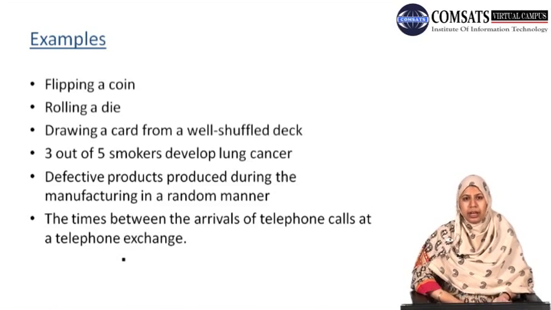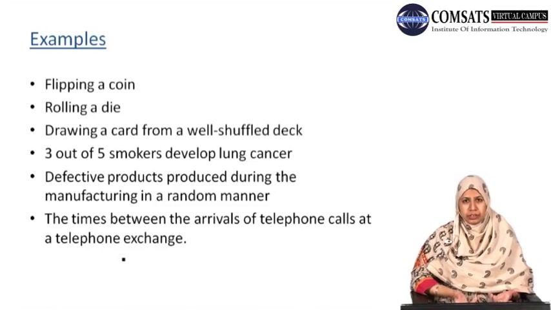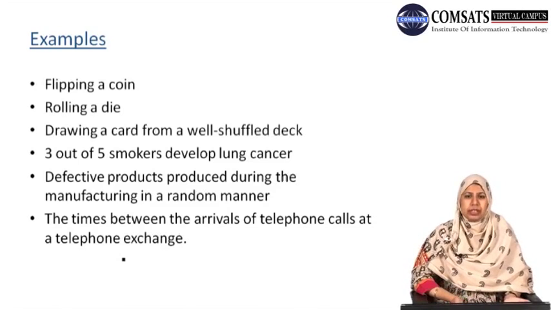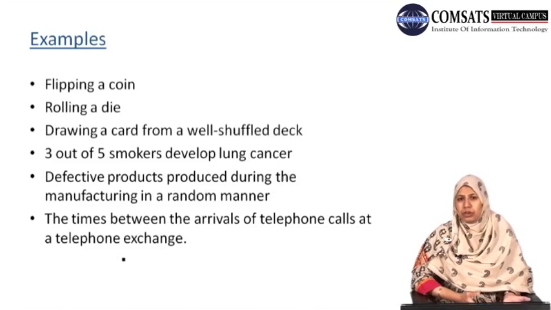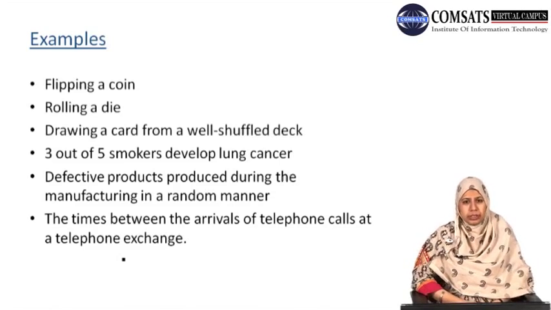Similarly, rolling a die is an uncertain situation. For example, we have a die with 6 numbers on it from 1 to 6. So the set of possible outcomes is ranging from 1 to 6. But when we roll a die, we do not know which outcome will occur. That is, we will obtain the number 1 or 2, 3 or so on up to the number 6.